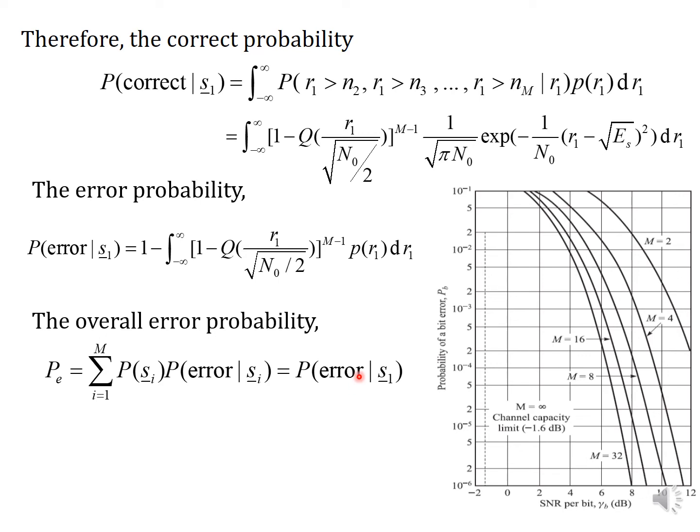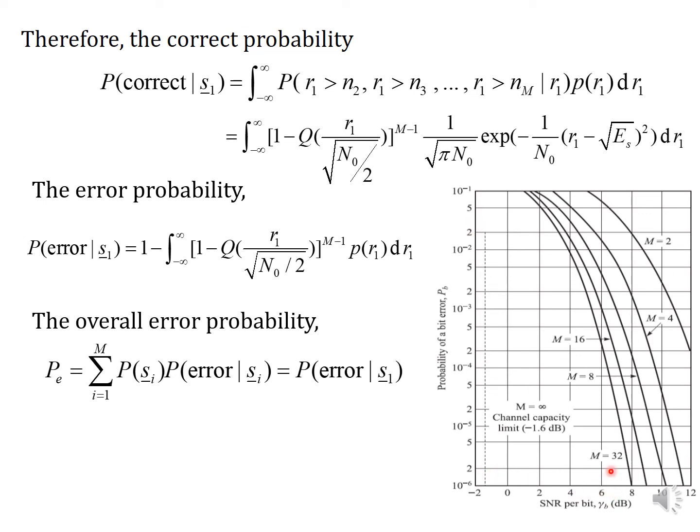If we use a computer to numerically plot this curve, we can see it for different modulation orders of this M-ary orthogonal signal: M equal to 2, 4, 16 and 32. This is the bit error probability, and the x-axis is the SNR per bit, Eb over N0.